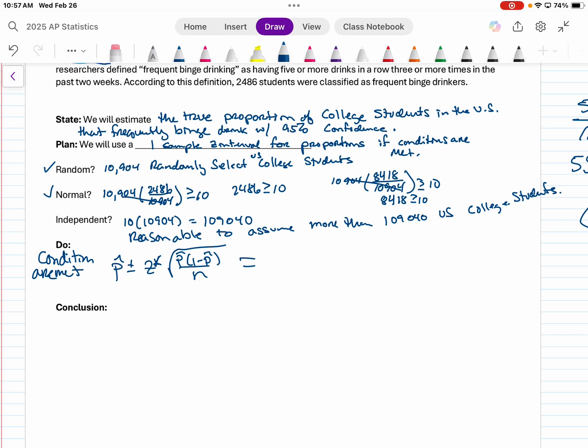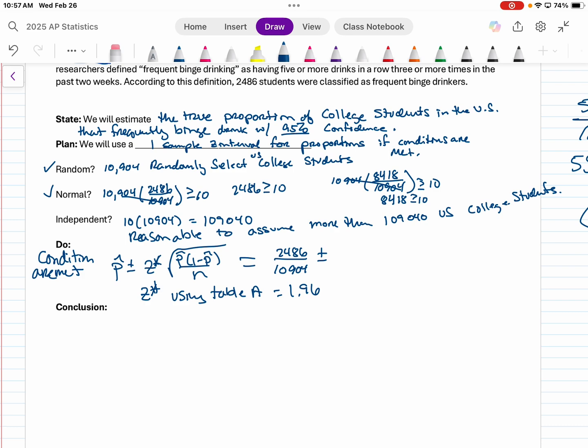Our p hat was 2486 over 10904 plus or minus what type of confidence interval? 95%. So for our z star, using table A, 1.96. That's how I would write it, because you know how I talked about before, I like memorizing useless information.